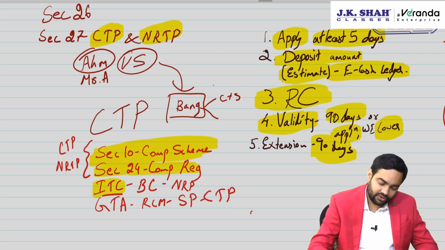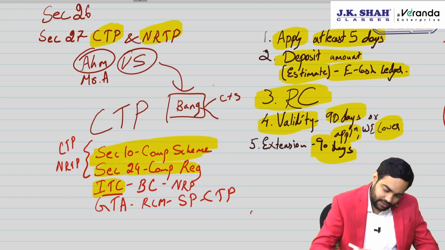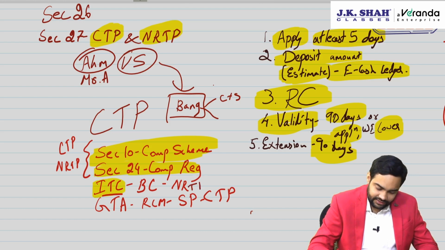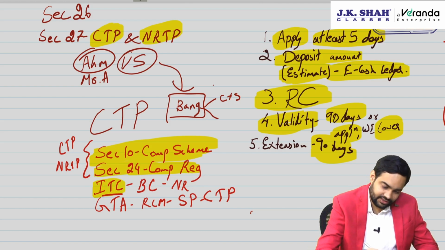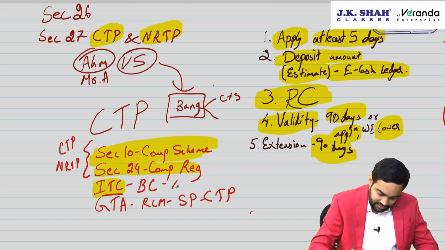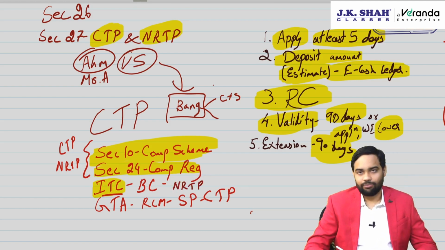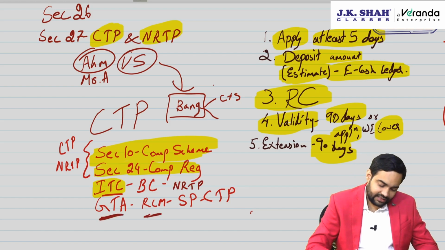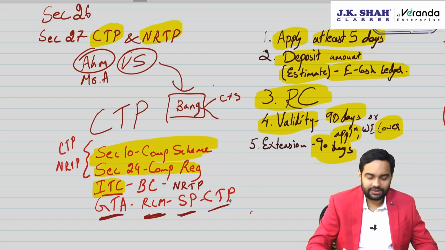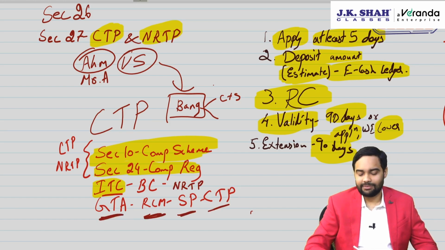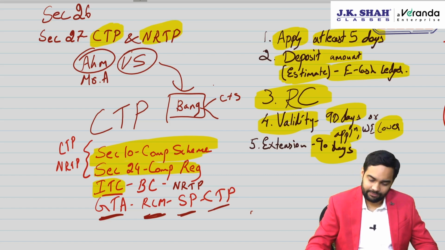ITC block credit, you saw a point of NRTP. NRTP cannot take ITC of any goods or services purchased by him except goods imported by him. And GTA RCM, there is one point, specified person. In that specified person, CTP is mentioned, that CTP is required to pay tax under RCM.